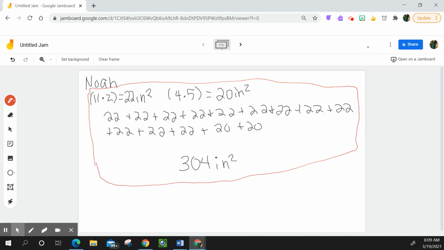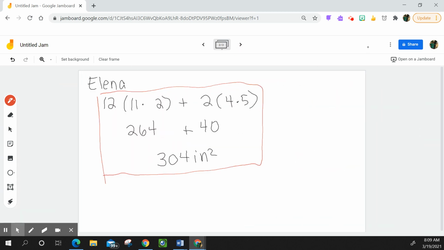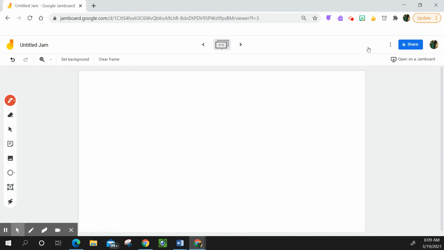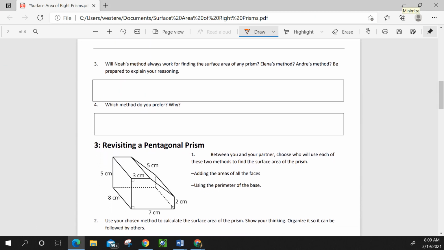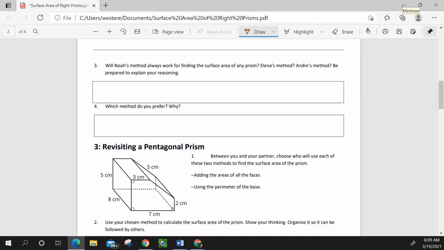When we look at those three different ways of doing it, which one works all the time? So you're going to answer always, sometimes, never. Well, we got the right answer for all three of them. So sometimes, always, they work. But which one of these will always work?